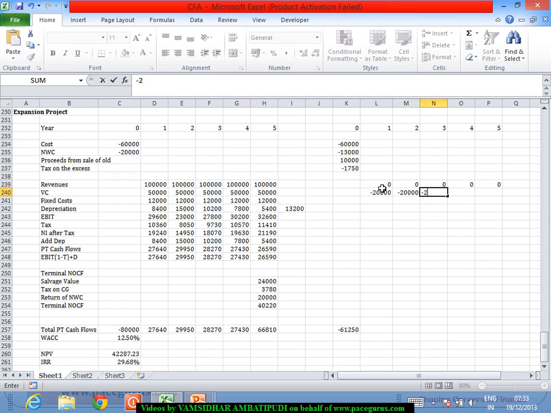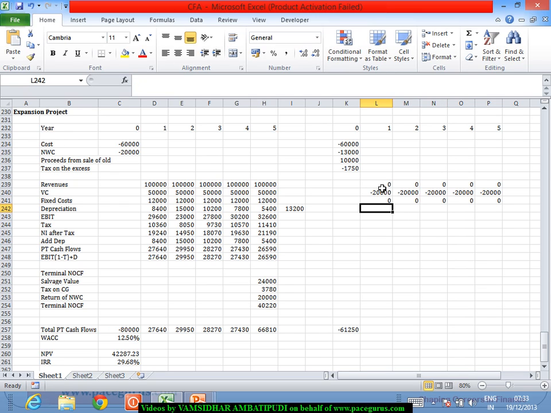Because earlier there were variable costs of 70% of the revenues, where the revenues were 100,000. Now it was only 50% of the revenues. So there is a benefit of 20% of the revenues, working out to 20,000 as the benefit. Incremental variable costs. Incremental fixed costs is 0 because no change.